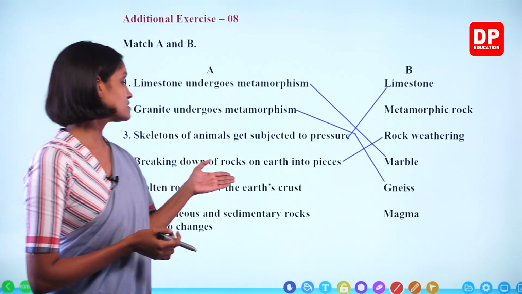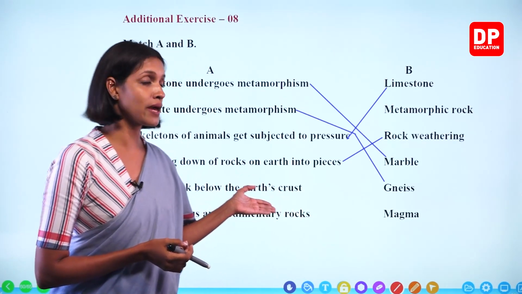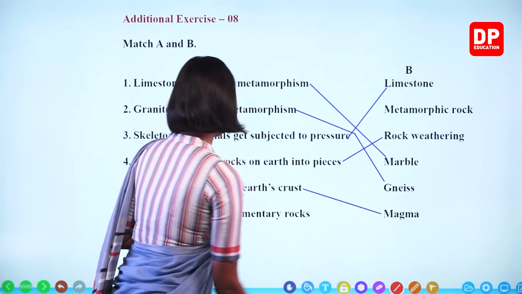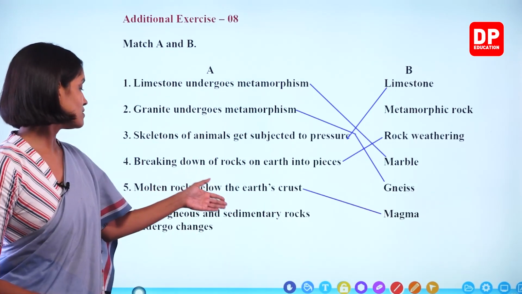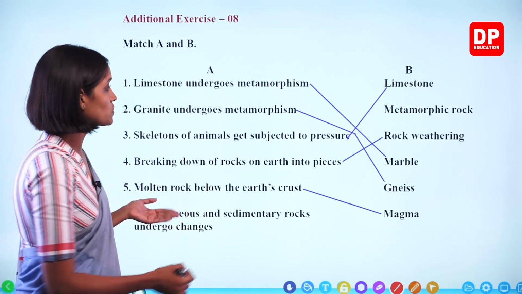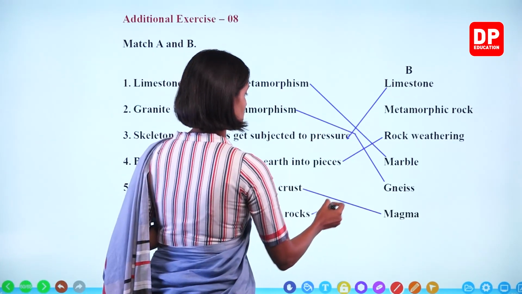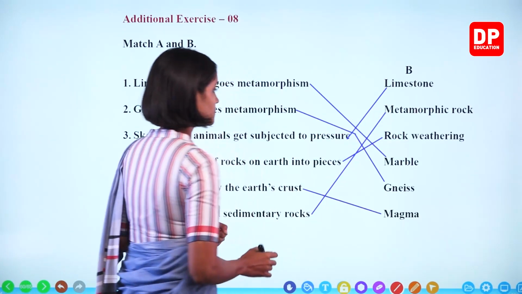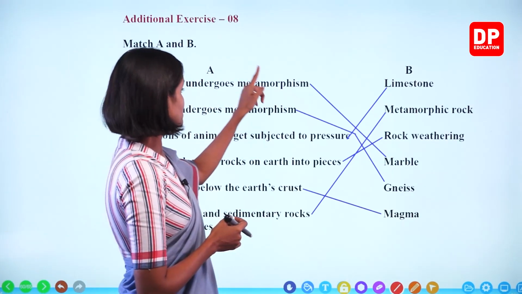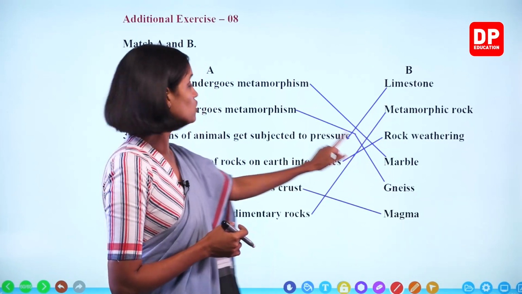Molten rock below the earth's crust is known as magma. Magma is here. Igneous and sedimentary rocks undergo changes and form metamorphic rocks. Okay, answer is here. Right, children? Limestones undergo metamorphism and marble is formed.